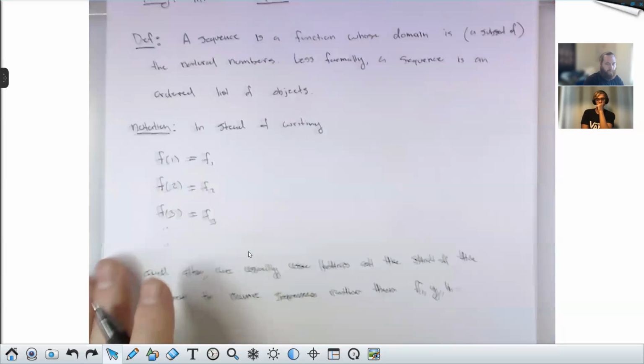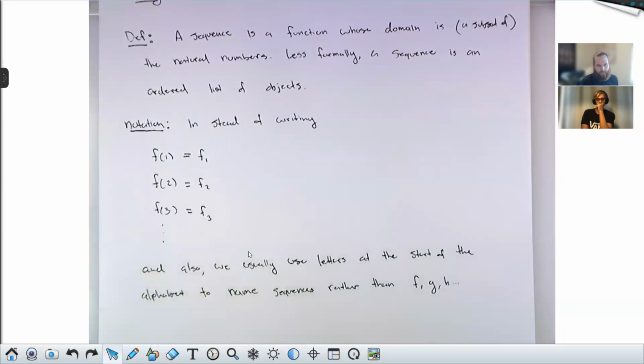For reasons that do make some linguistic sense, we usually use the letter f to denote a function, right? Like f of x, probably because the word function begins with the letter f.